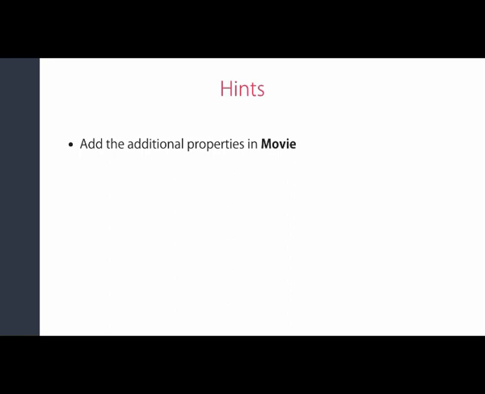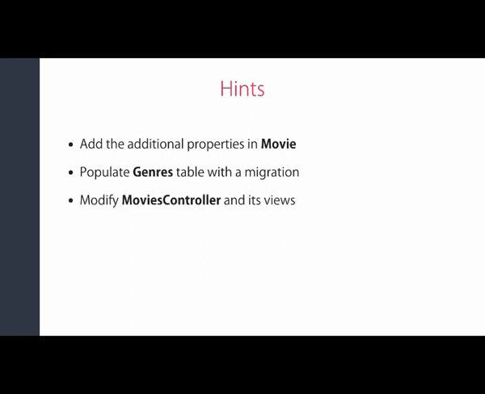Next, you need to add the additional properties in the movie class. This includes genre, release date, and so on. And finally, you need to create another migration to populate the genres table because this is reference data. Once you make these changes to the domain model and the database, then go ahead and make the necessary changes in the movies controller and the corresponding views.